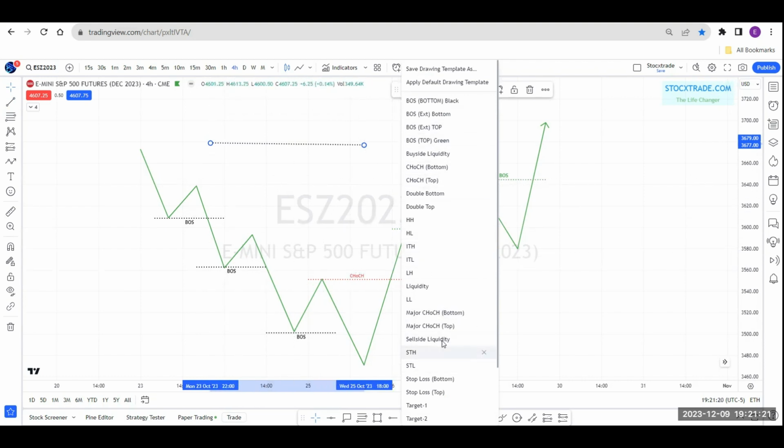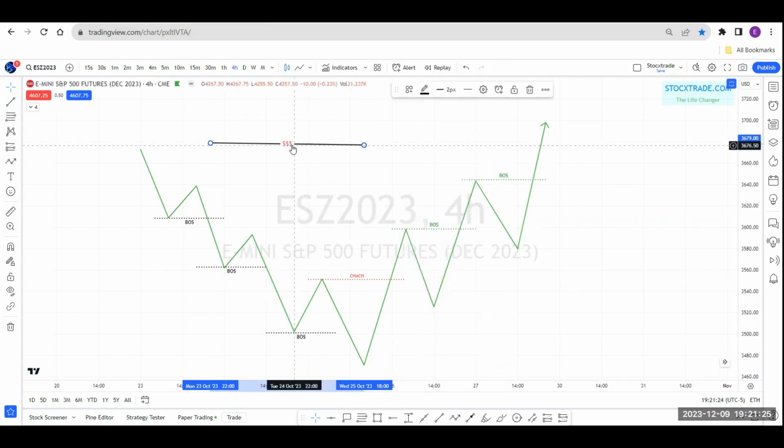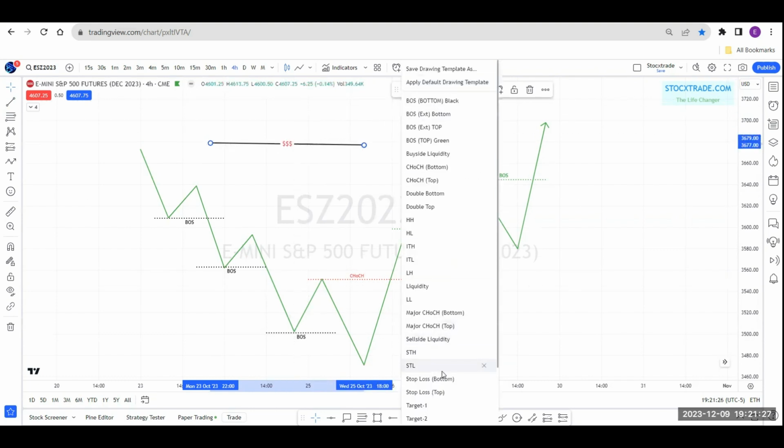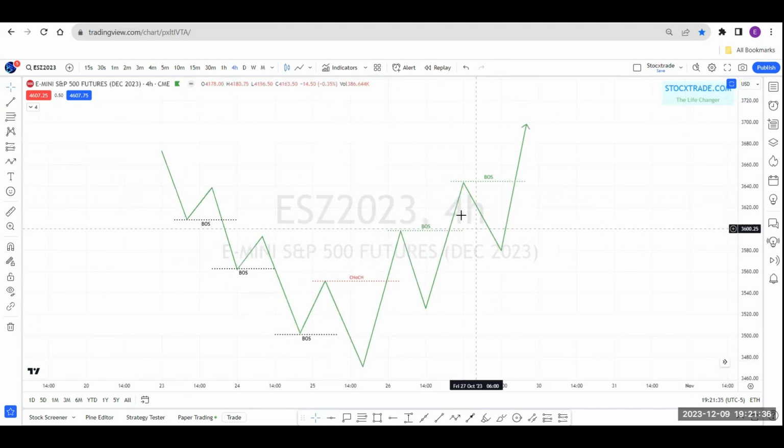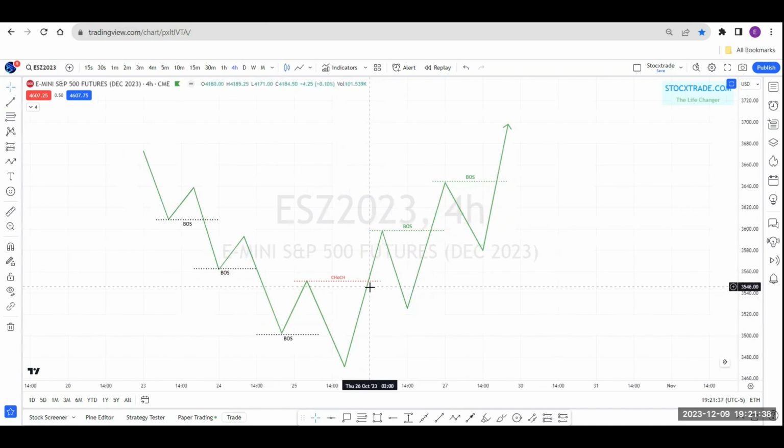Everything is saved by default. I can just put the liquidity, and it will show me the liquidity. If I want a stop loss, it will give me the SL. If it is a double bottom, it will come as a double bottom. So you need to save everything one by one. Break of structure you will always see in the same direction.